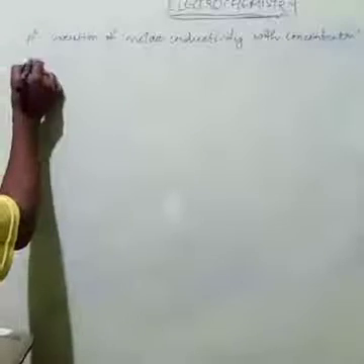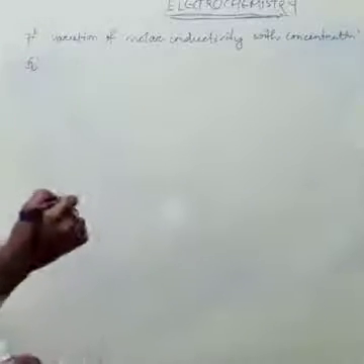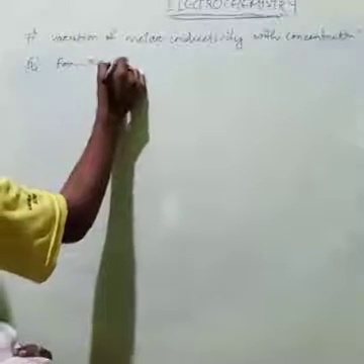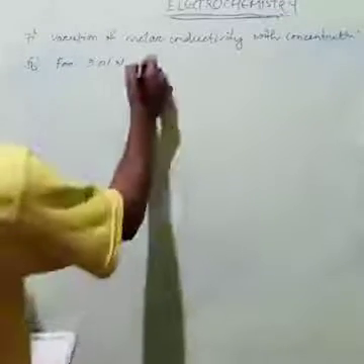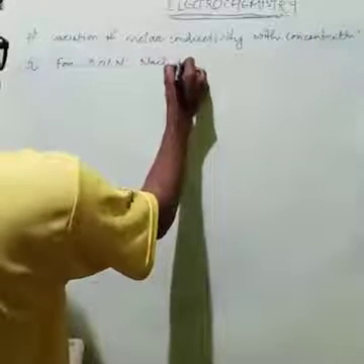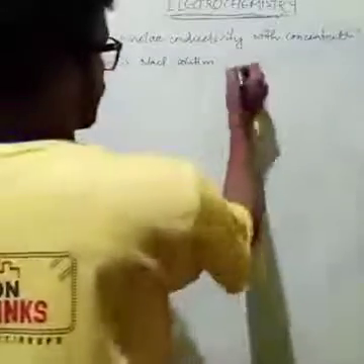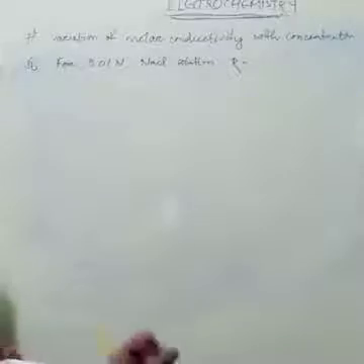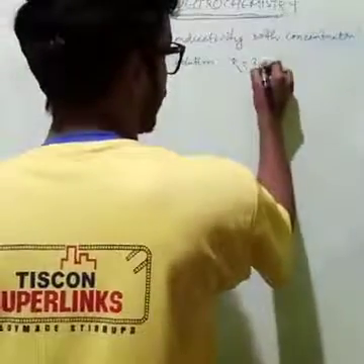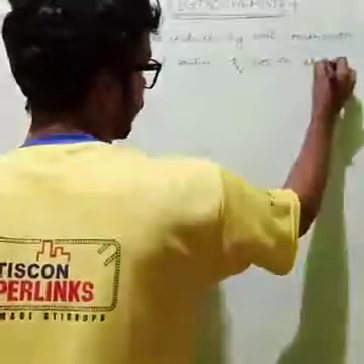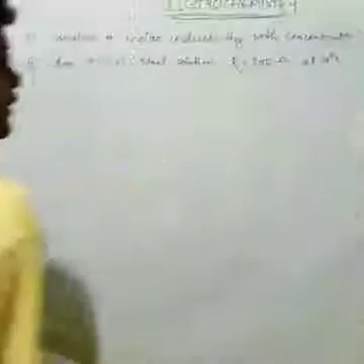Okay, I'll give one question. For a 0.01 N NaCl solution, resistance R is given as 300 ohm at 25 degree centigrade.